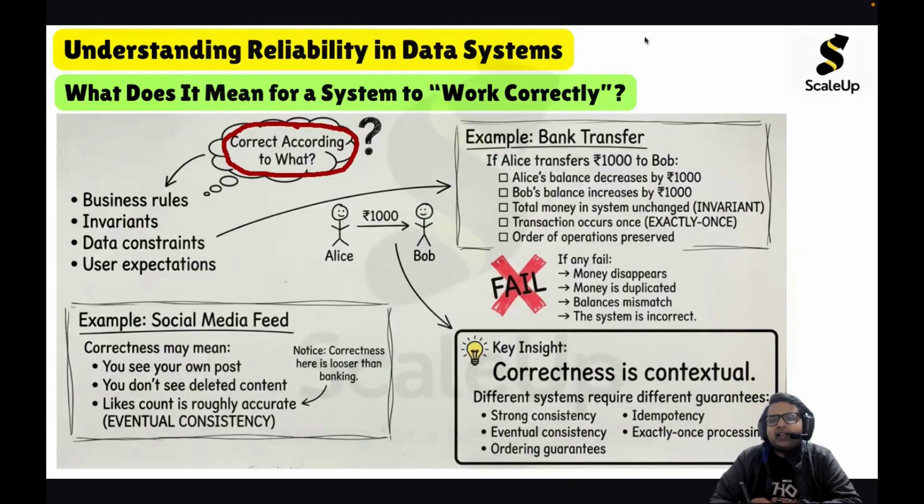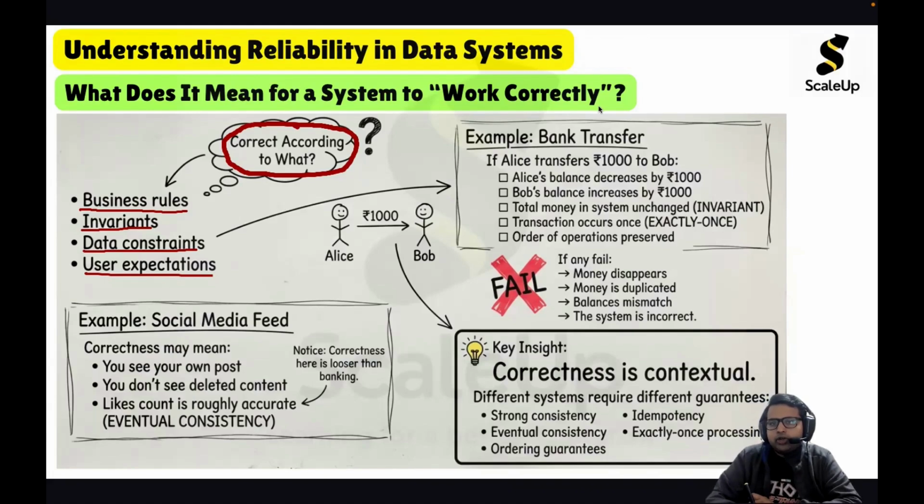Correct according to business rules, invariants, data constraints, and user expectations. So the idea is that the system should work according to the business rules, invariants, data constraints, and user expectations.